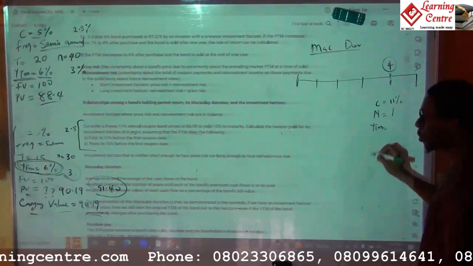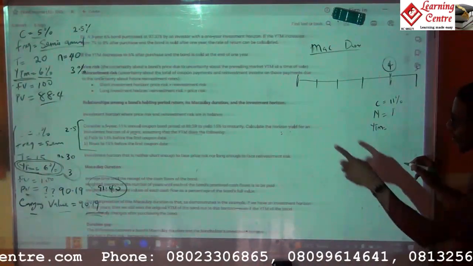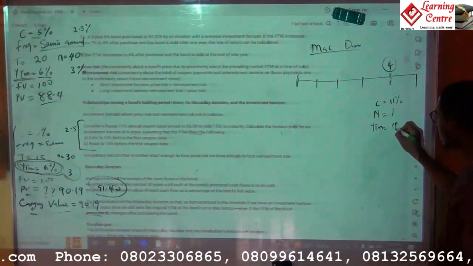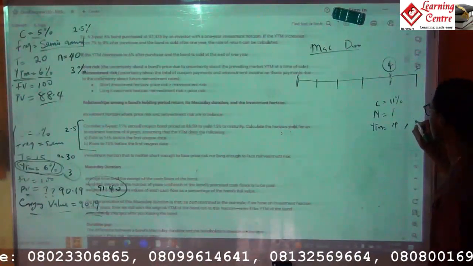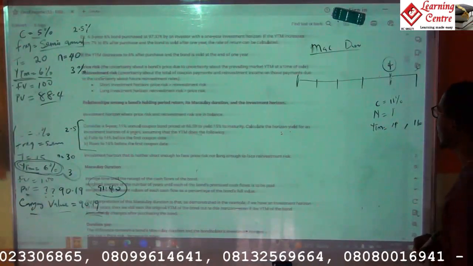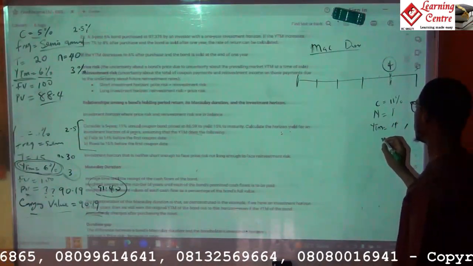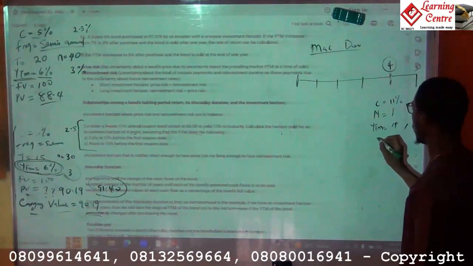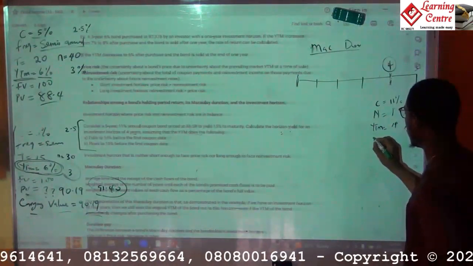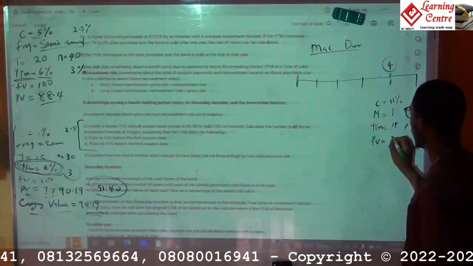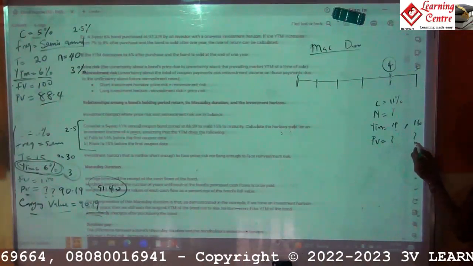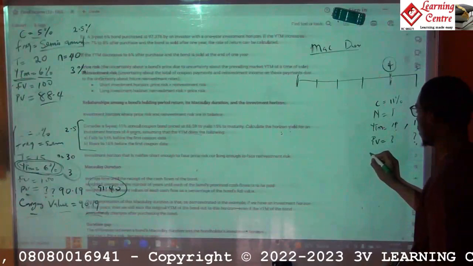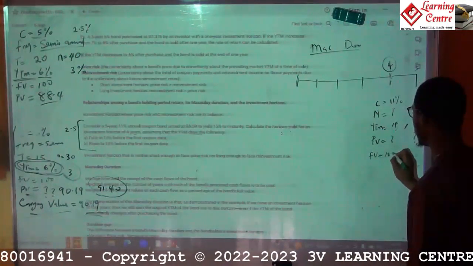For YTM, I'm going to do simulations: when the yield in the market is 14, and when the yield is 16. Present value is the price we want to compute. Face value is 100.